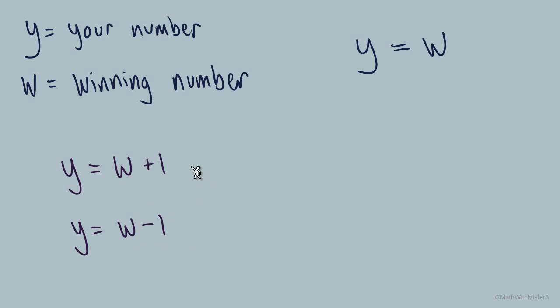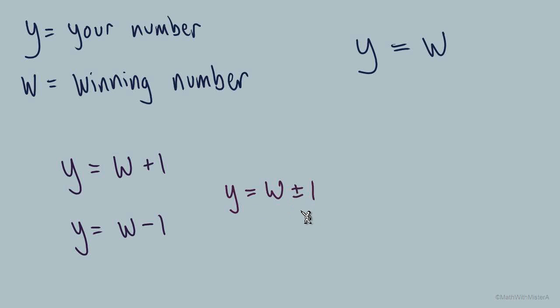But is there a way that we could put these two equations together into one equation to represent this idea? Well, you might see something like a plus or minus 1, and that illustrates this idea that y could equal w plus 1 or w minus 1, but it's not easy to work with equations that use this plus minus symbol, so we want to have another way to illustrate this point.